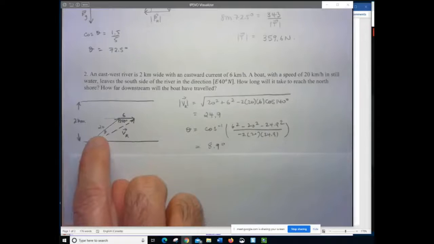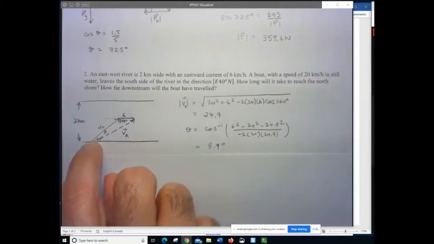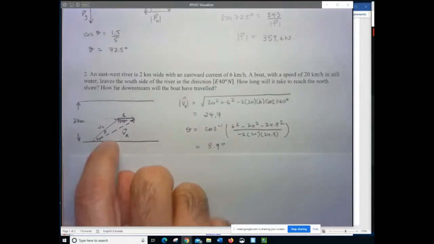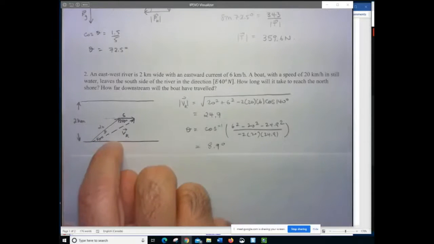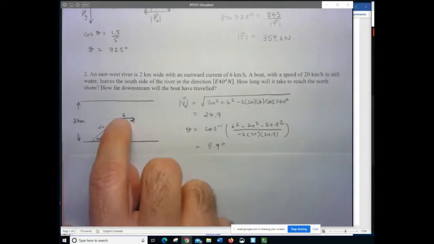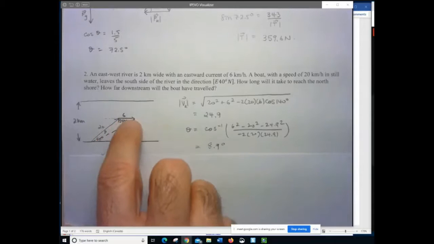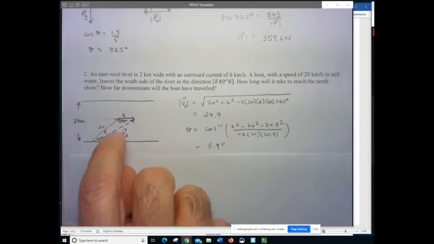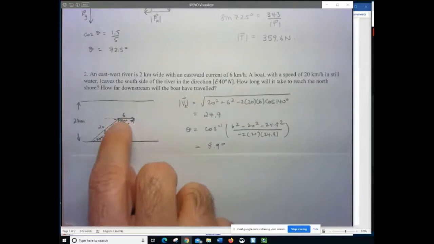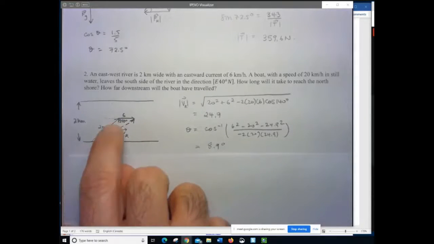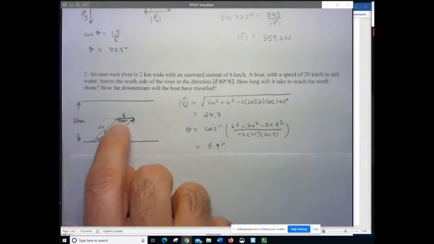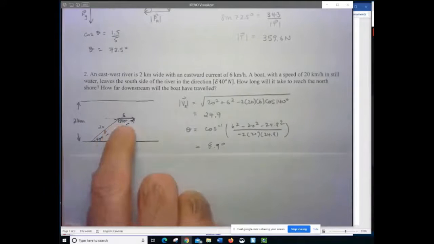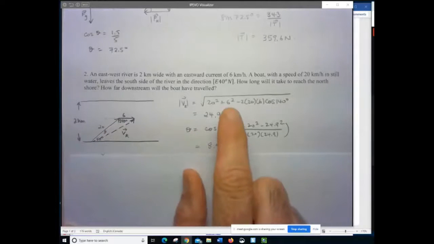Now of course this 40 degrees that's given is not inside the triangle, but I can use the fact that this line here goes east-west, and this vector is going towards the east, so I've got parallel lines, which means the obtuse angle and the acute angle are supplementary to each other. So that's how I get the 140, and then from there I solve for my magnitude and direction.